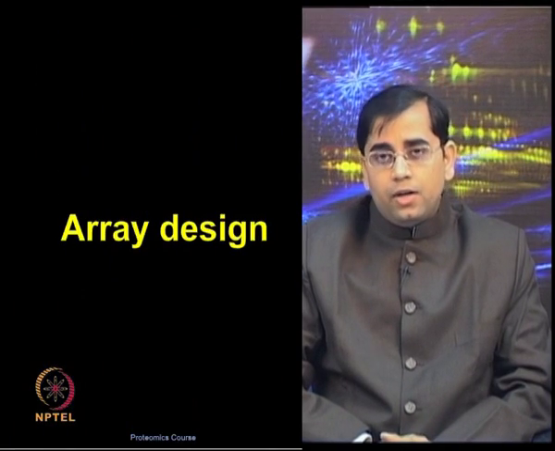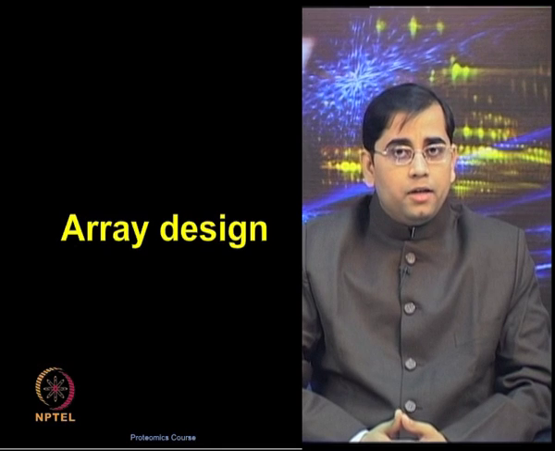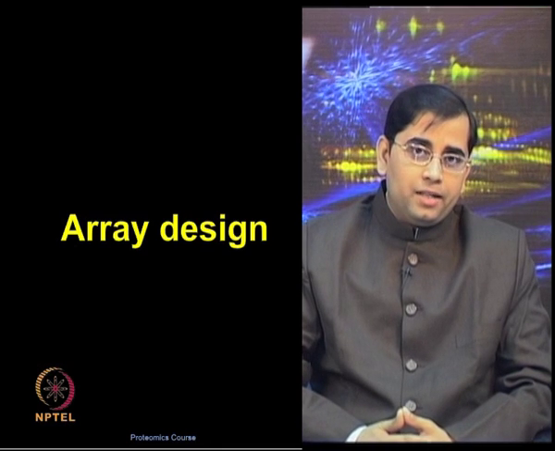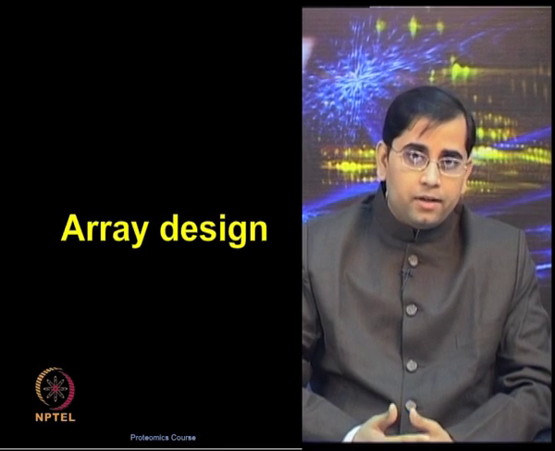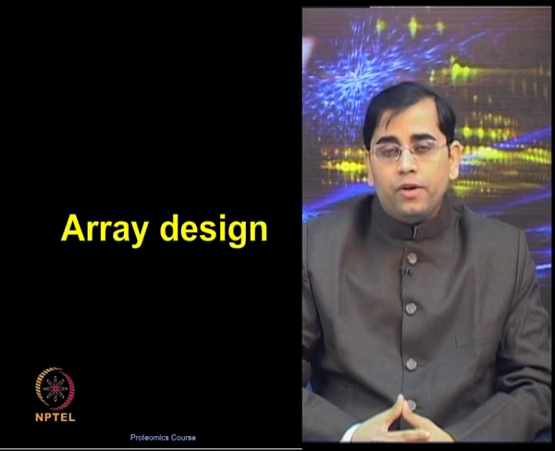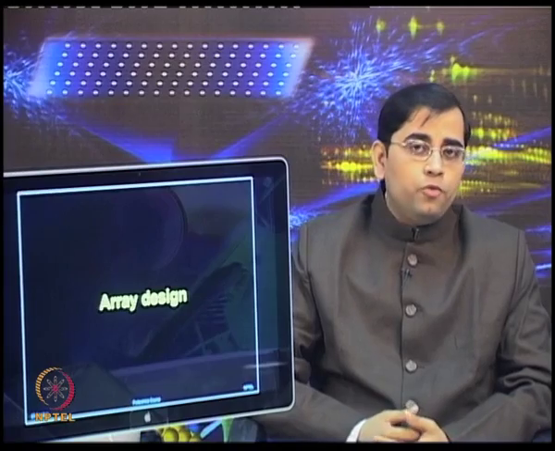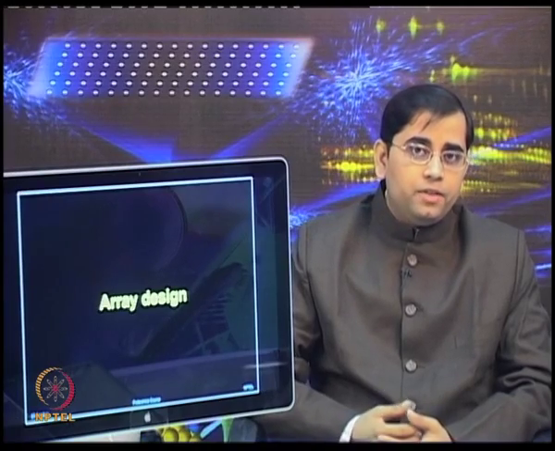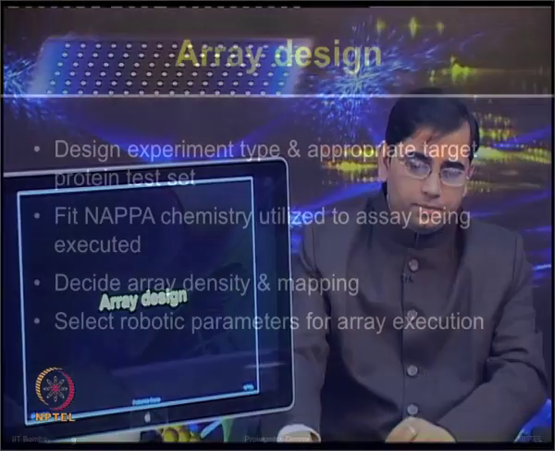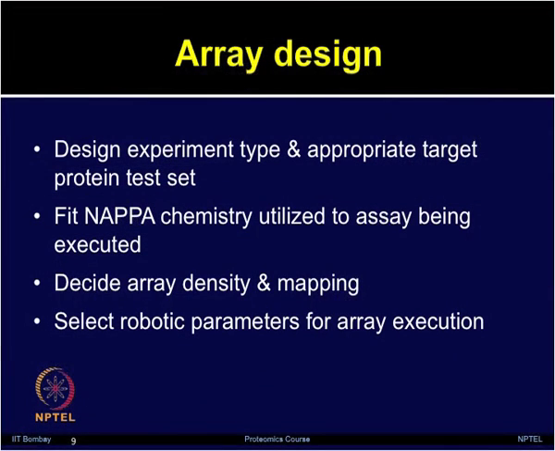As I mentioned, a lot of thought process goes in even before starting these experiments. One needs to do a literature review and look at the experimental objective very carefully even before moving forward with any of the printing steps. So, design the experiment type and an appropriate target protein test set.